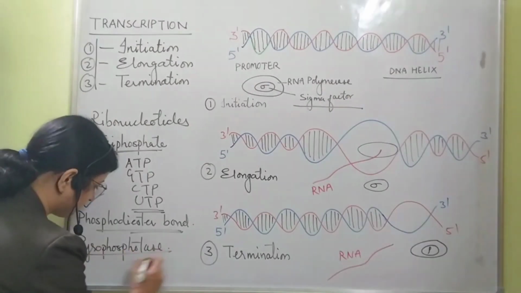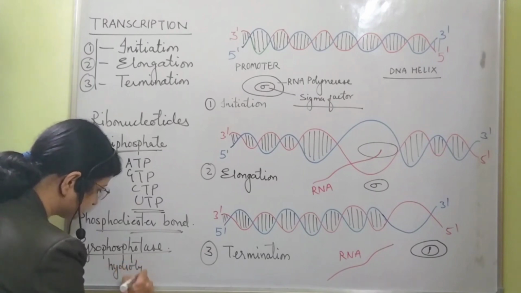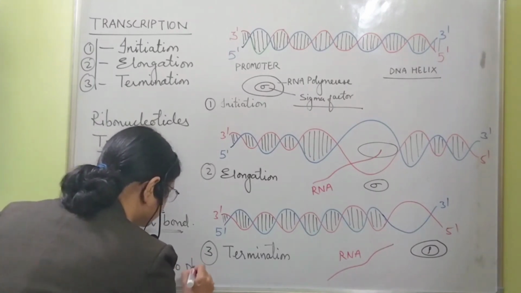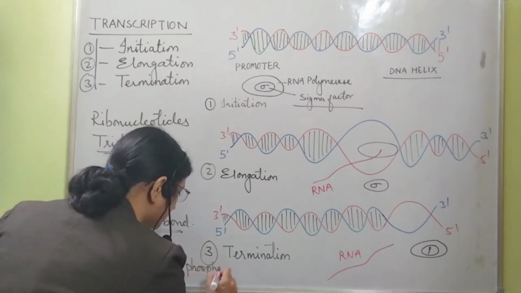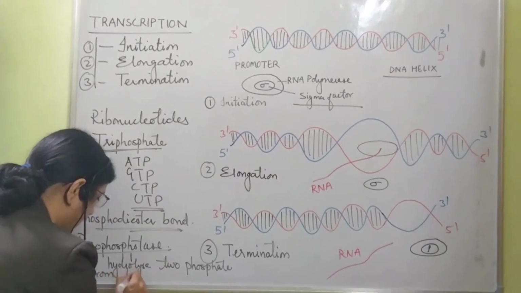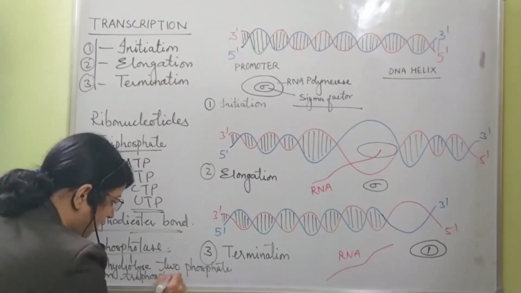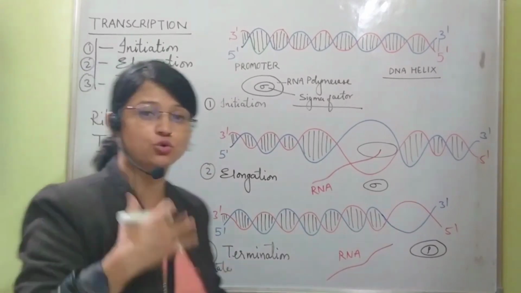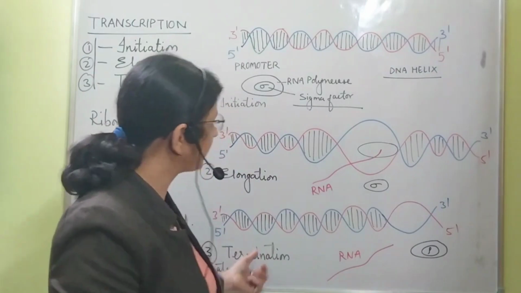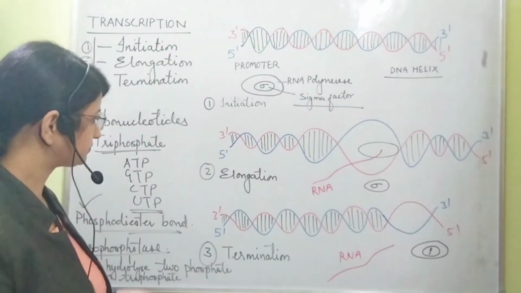This enzyme will hydrolyze 2-phosphate from triphosphate. And when it hydrolyzes 2-phosphate, what will happen? Energy will be released, and that energy will be used for the process of transcription.